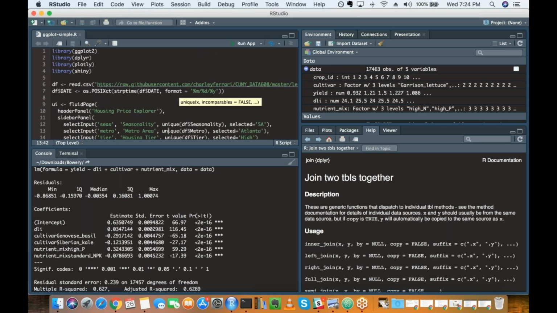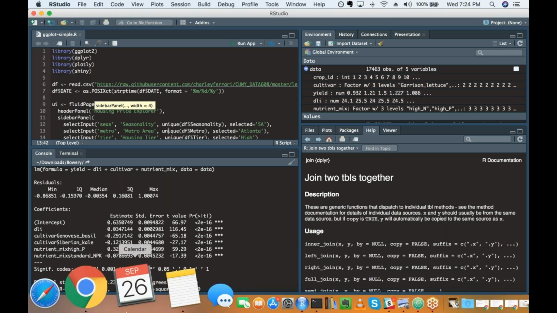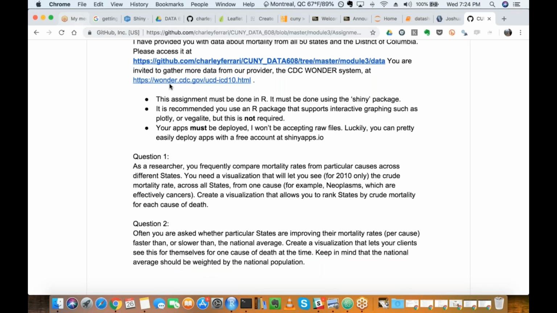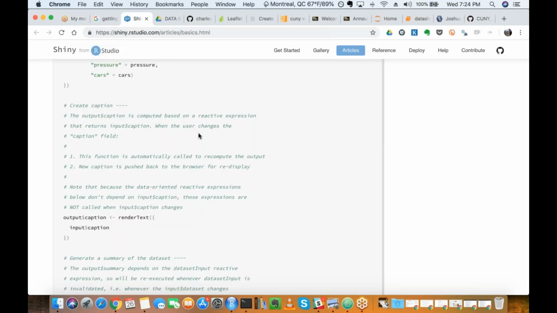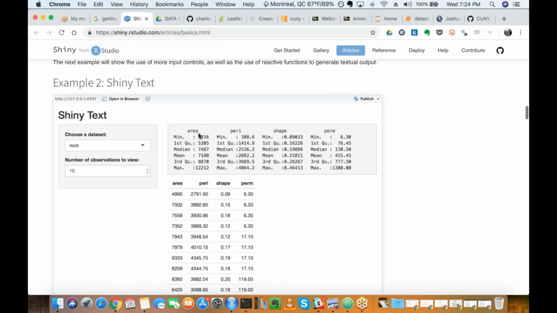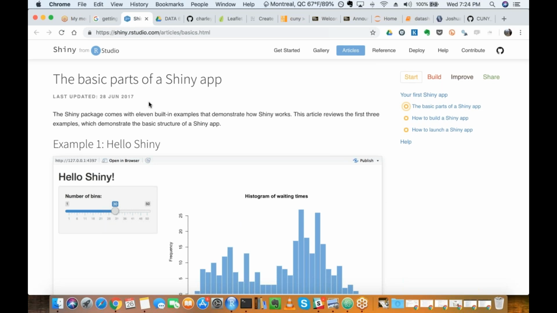I think the best way to get a handle on this is to look at a few examples. One thing to note, and I'll post a link to this in the content page, is the getting started with Shiny guide, going through each of the basic parts.